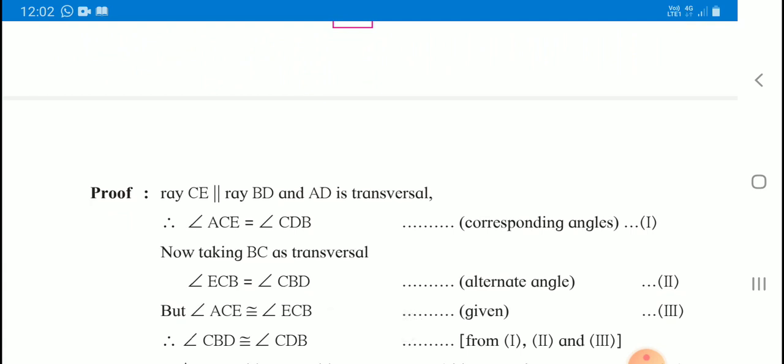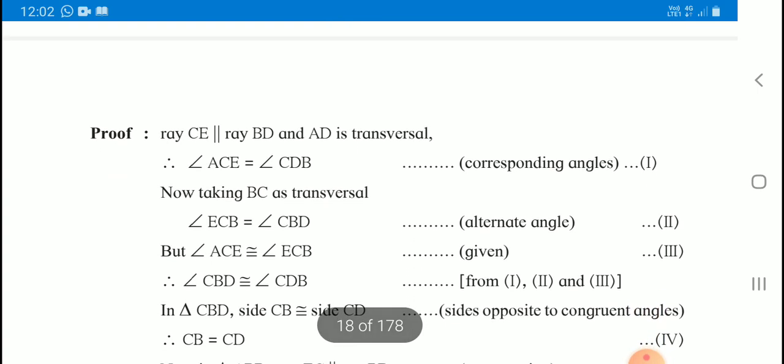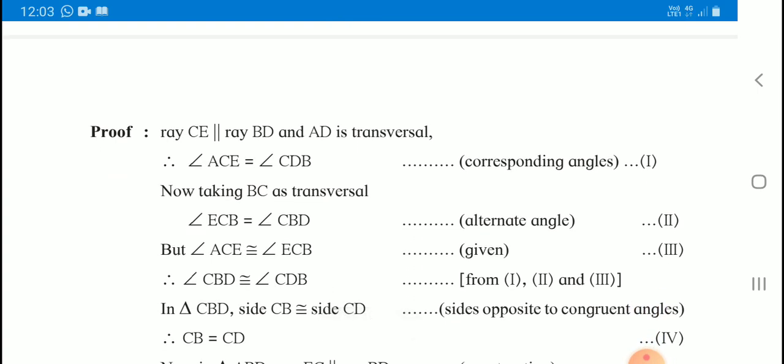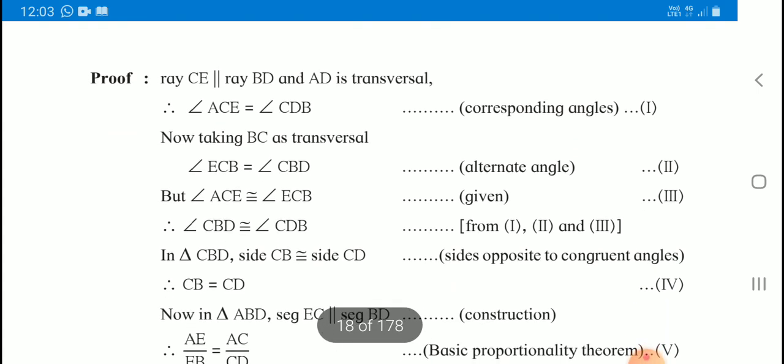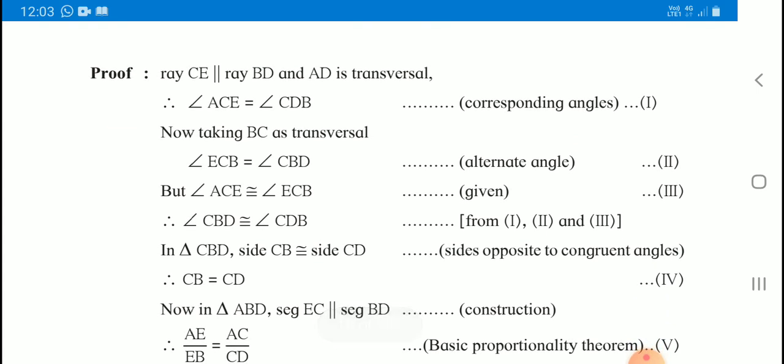But it is given that angle ACE is congruent with angle ECB. So from equations 1, 2 and 3, we can write that angle CBD is congruent to angle CDB.